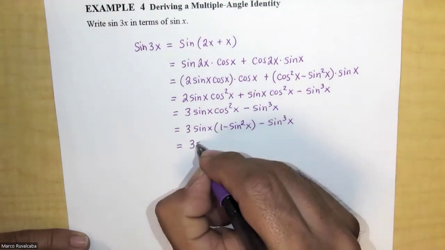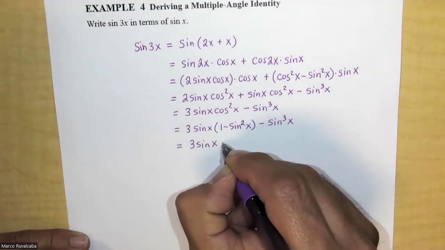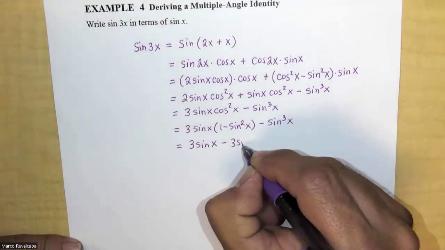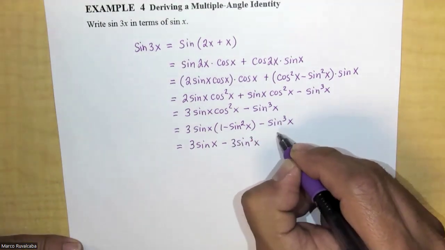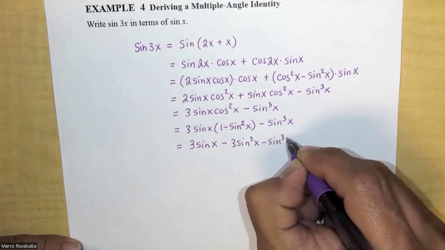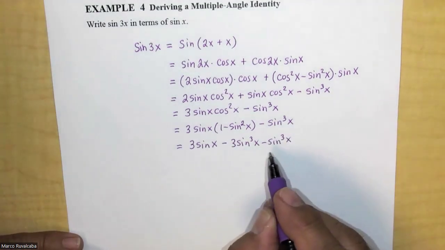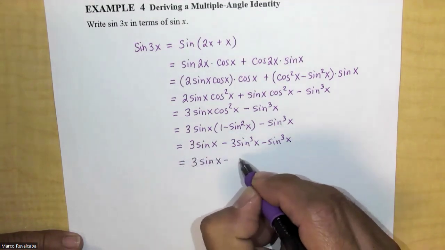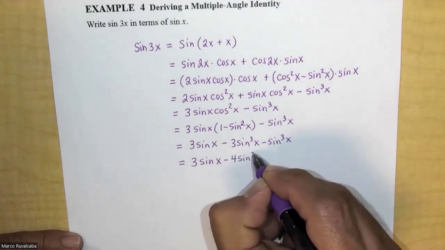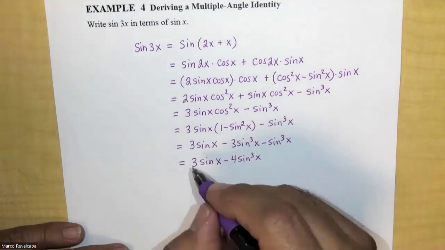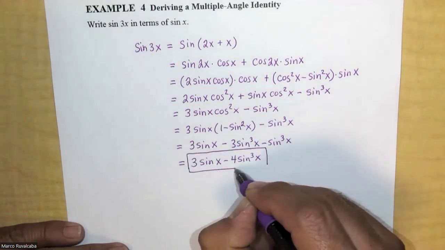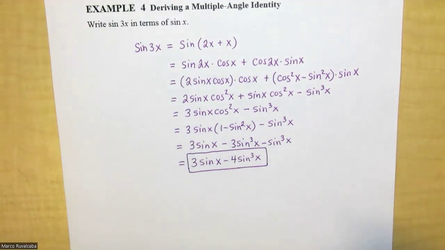That'll be 3 sine x minus 3 sine cubed x, and then minus sine cubed x again. And now the last two are like terms. So that'll be 3 sine x minus 4 sine cubed x. And that's your solution there. That's in terms of sine x with a single angle in there.